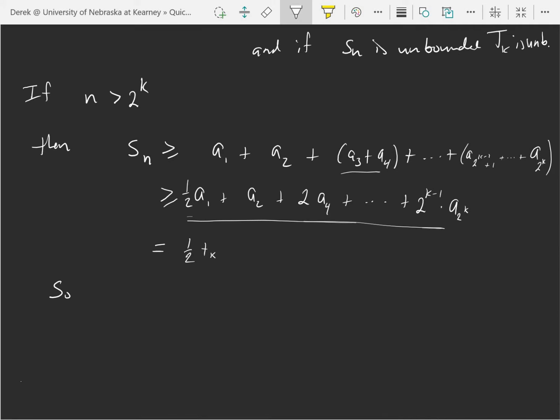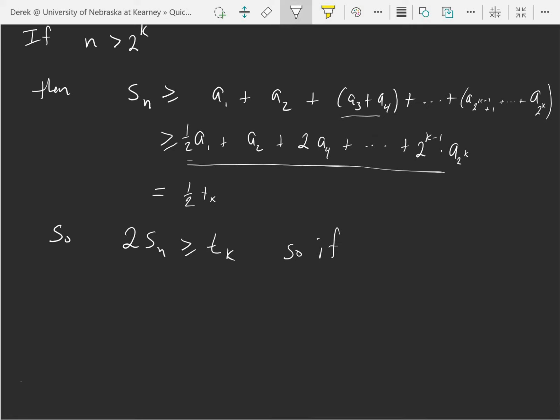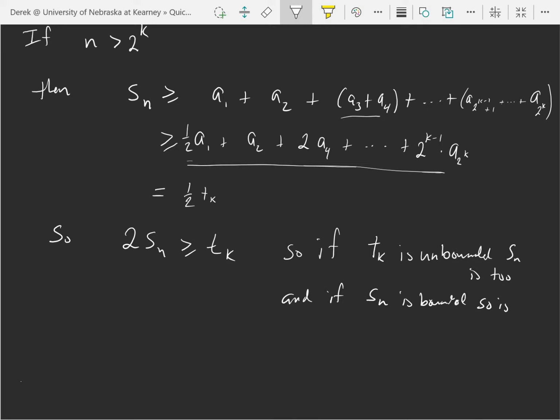So 2S sub n is bigger than or equal to t sub k. So if t sub k is unbounded, S sub n is too, and if S sub n is bounded, so is t sub k.